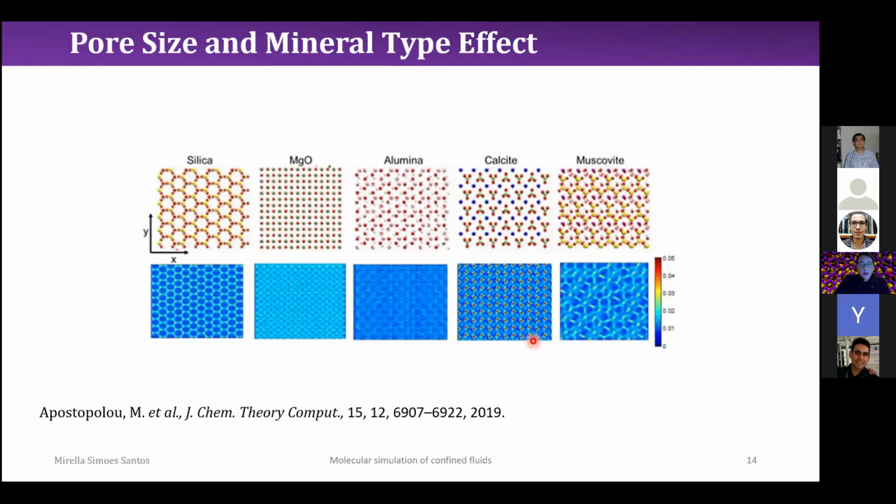So we see that for most of the systems, we do have a very structured organization of this methane within the mineral surface, but we do also see that there are very different patterns and behaviors for each one of these systems, for each one of these minerals. And so we consider same temperature, same pore size, and same average density of methane within each one of these systems.